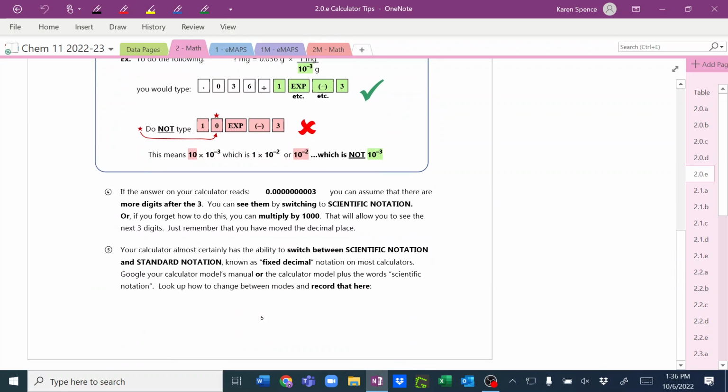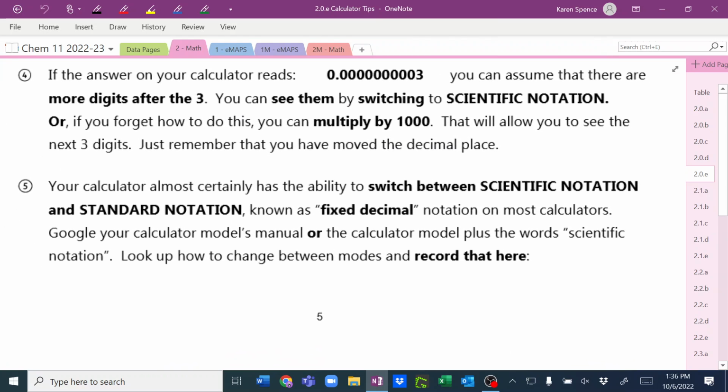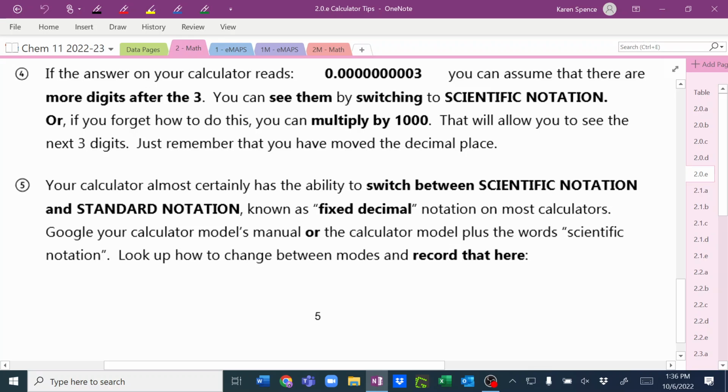Down at the bottom, it actually says record how to switch between modes. One is known as fixed decimal, which is standard notation, and the other one is scientific notation. Even if you're not done at this point, it might be worthwhile taking a few minutes to do that. It's such a useful thing because I just had someone whose calculator spit out the number 0.000000.